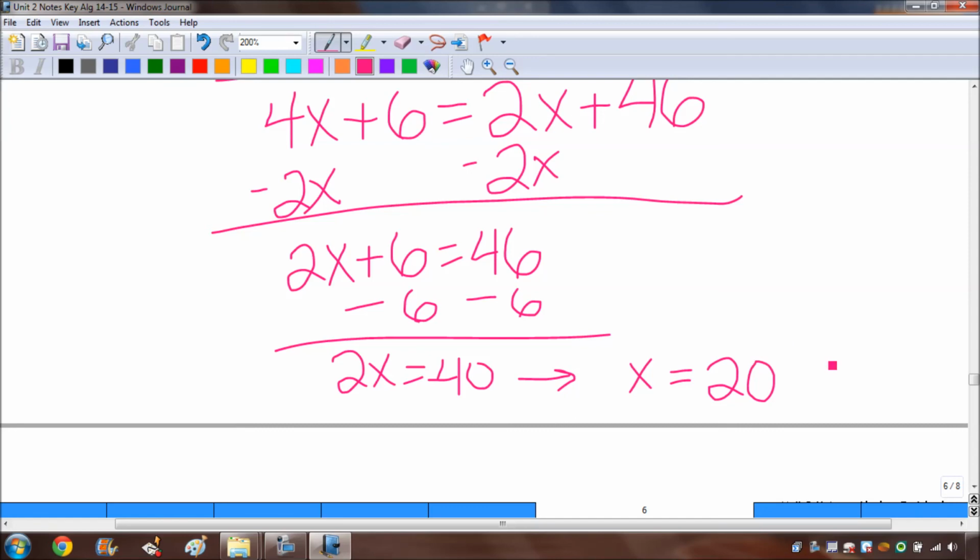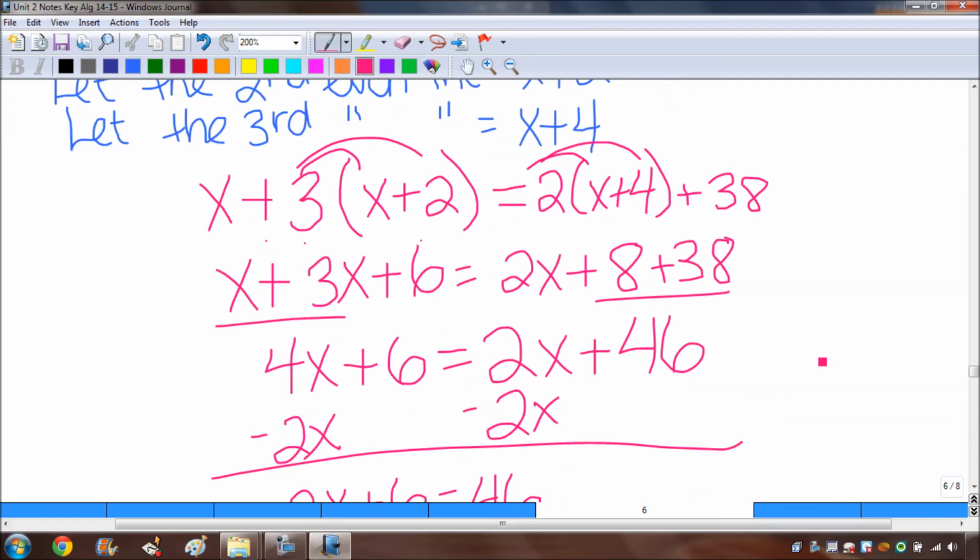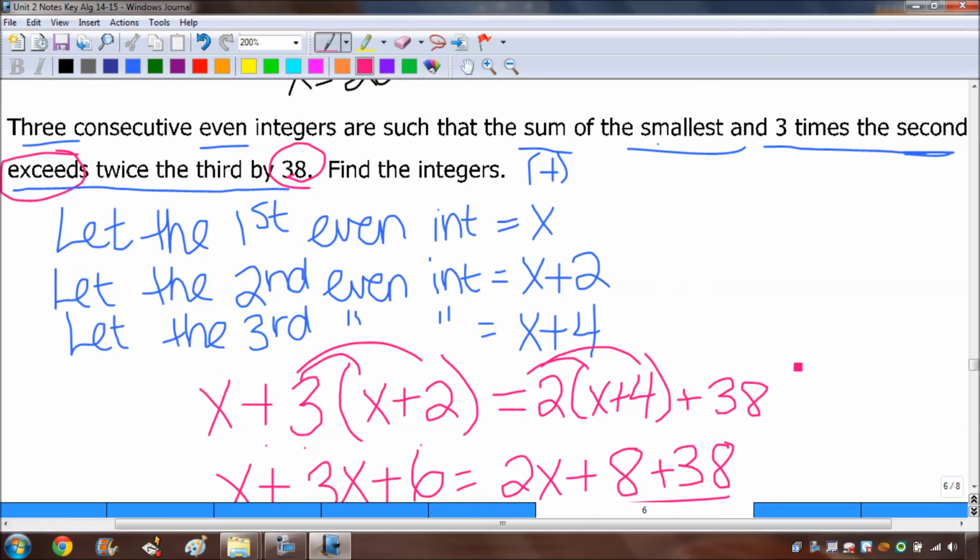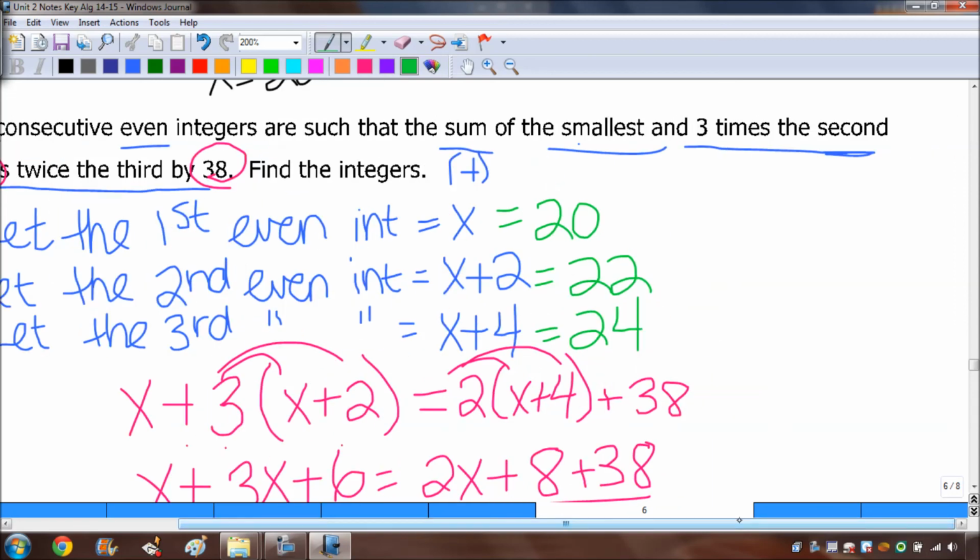If you get an odd number, then something went wrong as well, because all the numbers are supposed to be even. So that means if x is 20, my first integer right here is 20. The second integer is 22. And the third integer is 24. So my 3 answers are 20, 22, and 24.